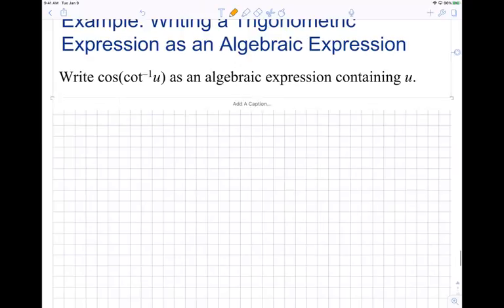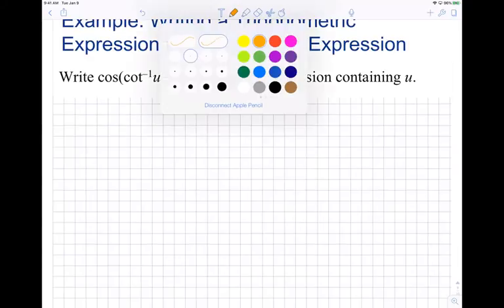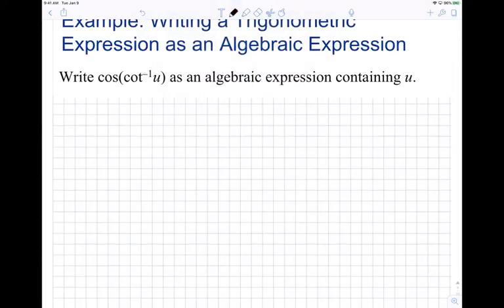Okay, this is it. So if we have cosine of inverse cotan of u, it says write this as an algebraic expression containing u. Oh, okay. So now, let's look at this.